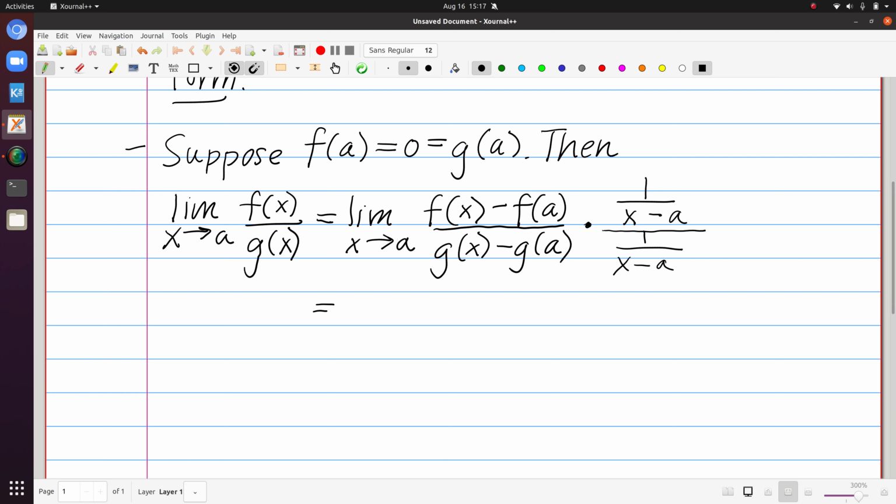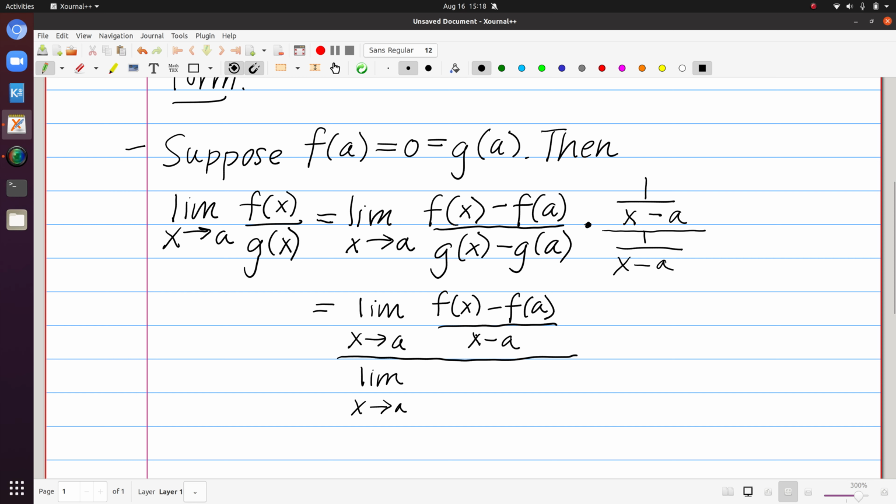So that yields then the limit as x approaches a of f of x minus f of a divided by x minus a. And that whole thing divided now by the limit as x approaches a of g of x minus g of a, once again divided by x minus a.